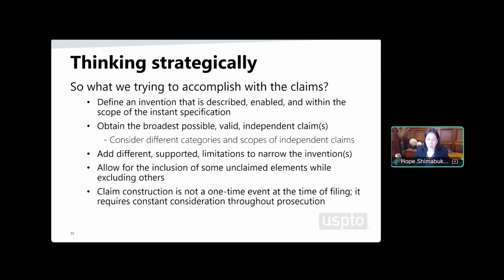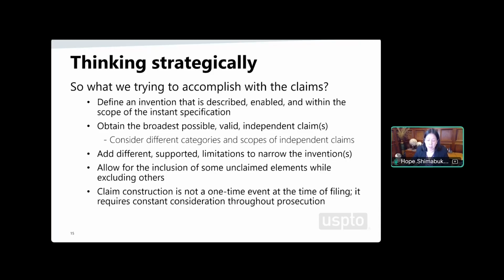So think about, at the end of the day, what goals you want to accomplish with your claims. Just remember that throughout the prosecution, the scope of the invention could change based on the prior art search that the examiner does. You may be presented with prior art from an examiner that makes you lean more towards one embodiment or the other, or it may require you to change some of the scope of your claims based on what is being presented.